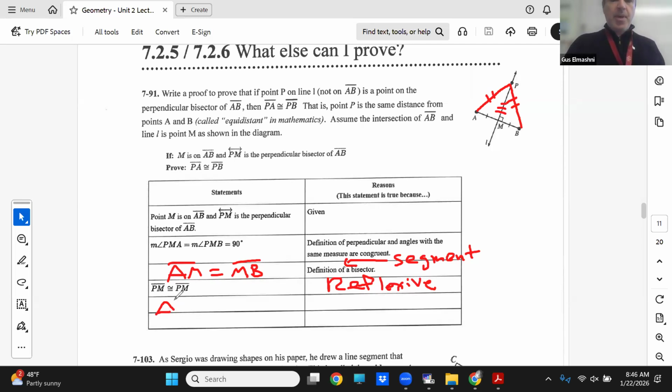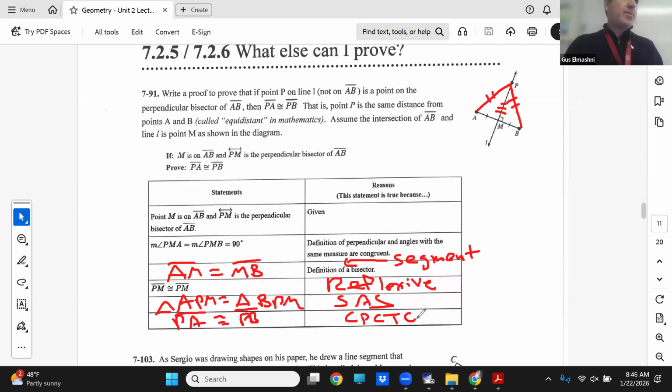Good. So triangle APM. Good. You guys are very solid with this. BPM. And then lastly, we could say that PA is congruent to PB, and that's CPCTC.